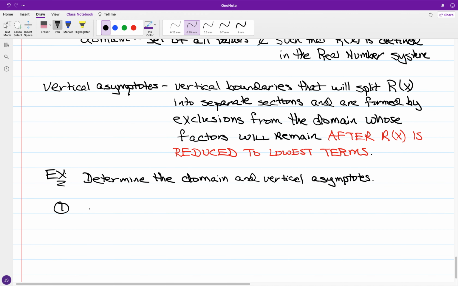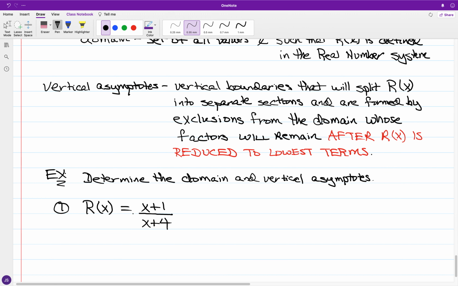And we'll say we have, first of all, that r of x is going to be equal to x plus 1 all over x plus 4.